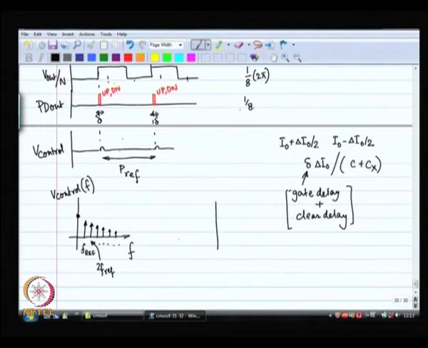So, the output of the VCO will be your impulse at n times f ref, but in addition to the impulse at n times f ref, see if the control voltage had been a perfect DC, then you would get this as the output. Now, I am saying it is not a perfect DC, it has all of these extra stuff in it, which means that you are going to get tones corresponding to those extra stuff around the carrier.